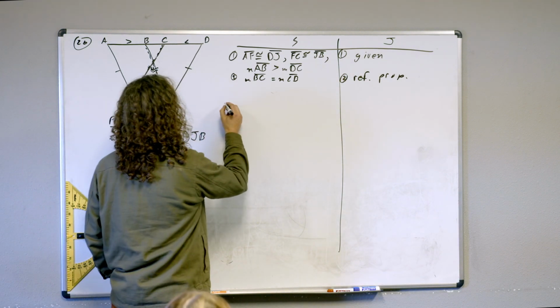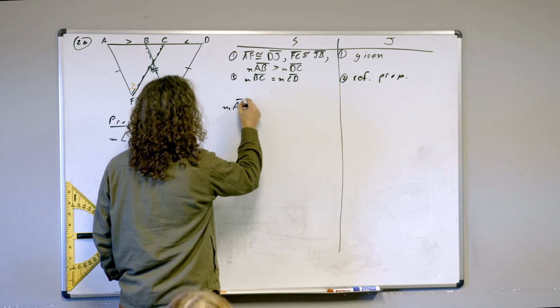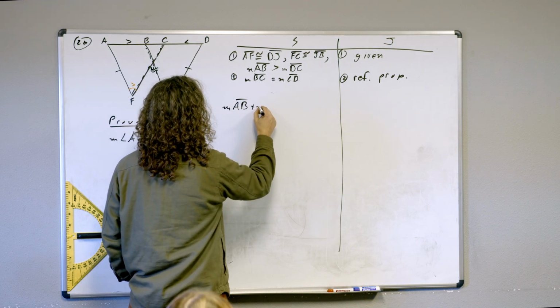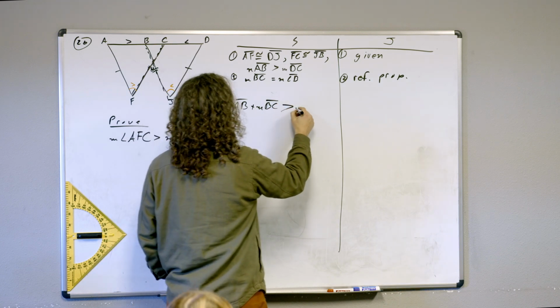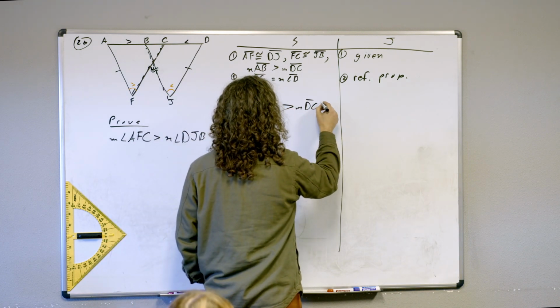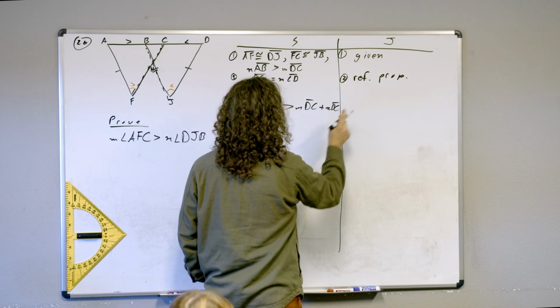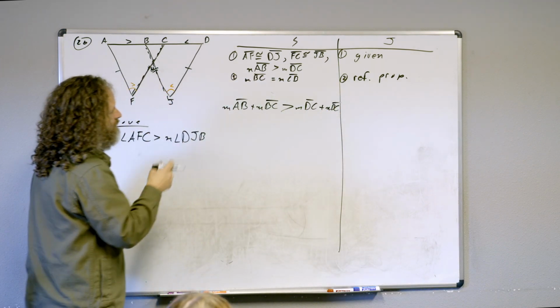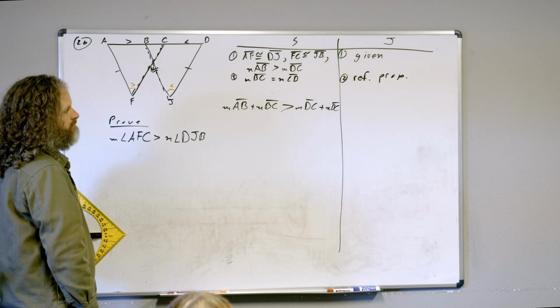Where you're headed is AB plus the measure of BC is greater than the measure of DC plus the measure of BC, ultimately, yeah? And then go to AC is greater than DC.